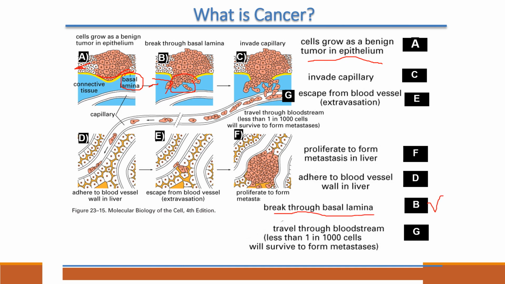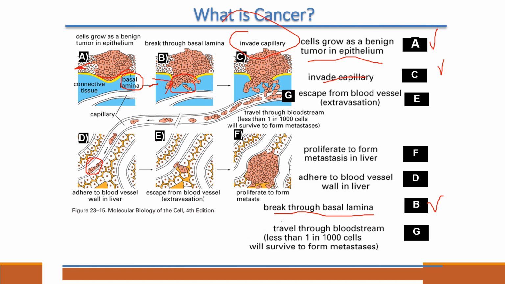So we already have A and B. And now let's see what happened. They invade the capillary. So here you see them invading the capillary. Now in the next step, they start traveling and then suddenly they start adhering, still in the blood close to a tissue.